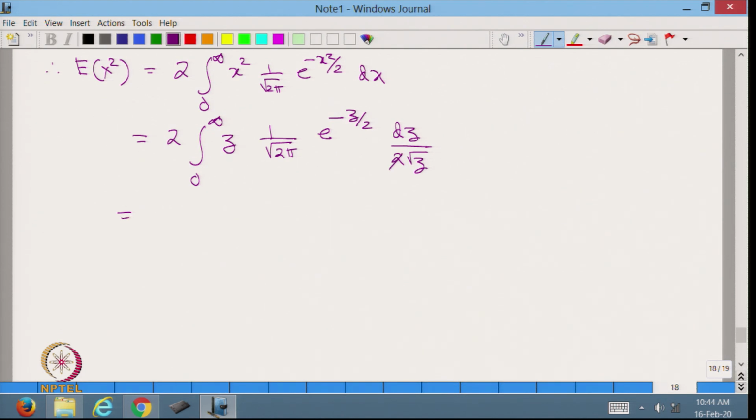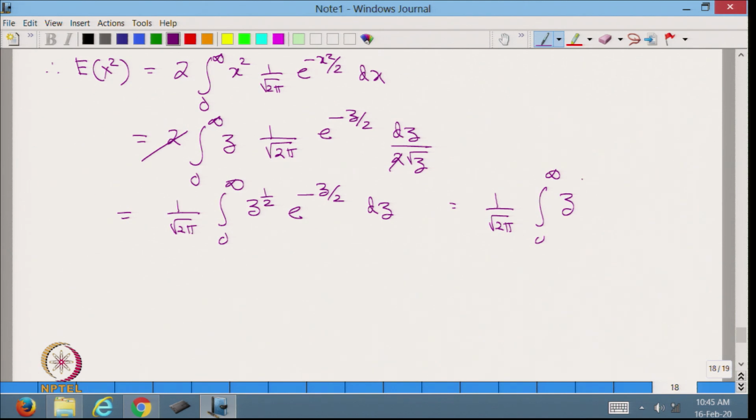These two cancel these two. Therefore, we have 1 over root 2 pi integration 0 to infinity z to the power half e to the power minus z by 2 dz is equal to 1 over root 2 pi, 0 to infinity, z to the power 3 by 2 minus 1 e to the power minus z by 2 dz.